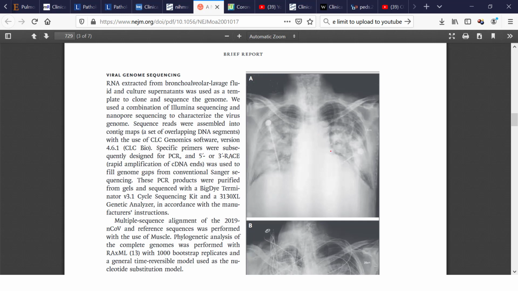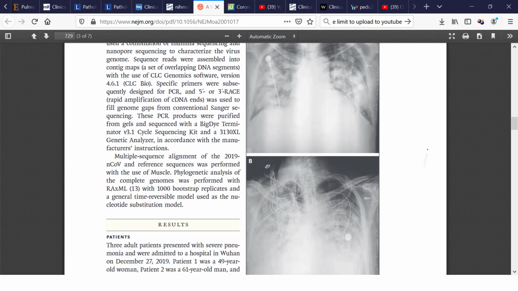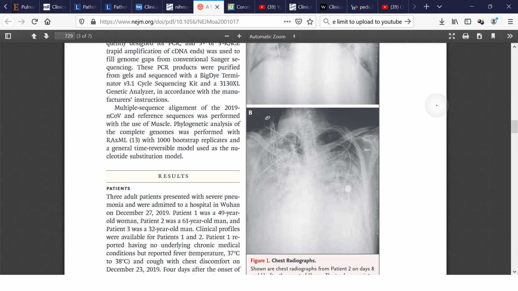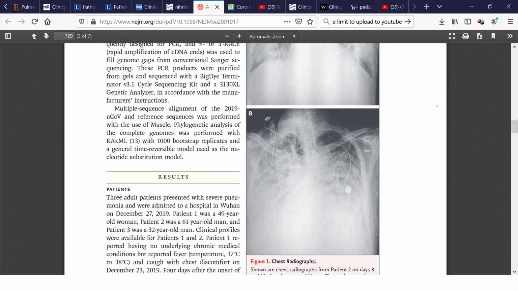There's fluid, there's pus in the lungs, and this is going to obstruct their ability to get oxygen.